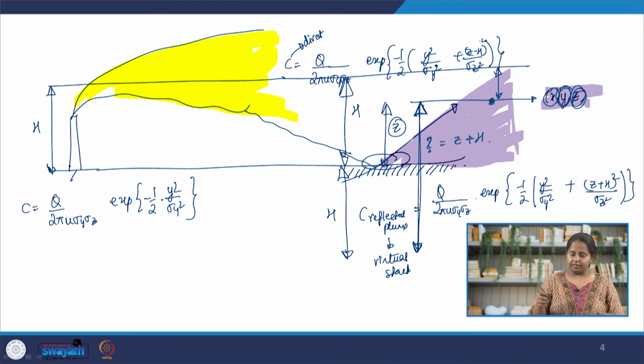And since this part, minus half y square by sigma y square plus (z minus H) square by sigma z square, is an exponent, we can split them apart.